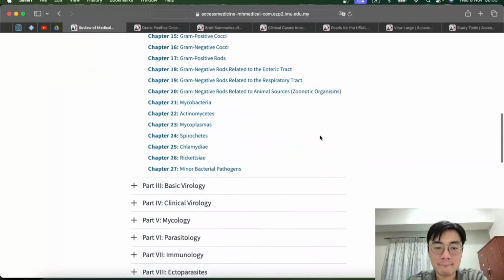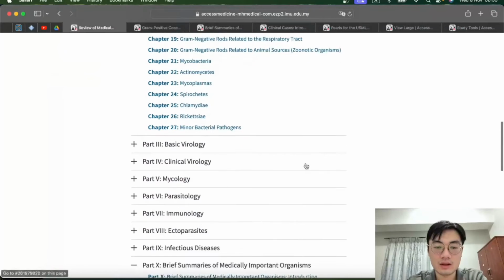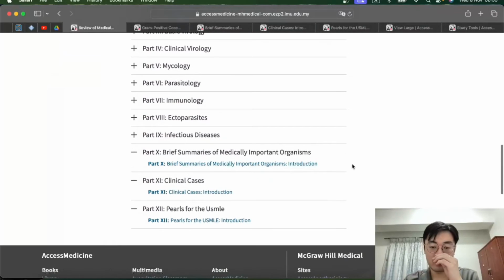And then for the last few parts, like I mentioned, is for revision purposes. So this part, brief summaries of medically important organisms, is actually really, really useful, especially if you want like a crash course of all the microorganisms that you need to know.